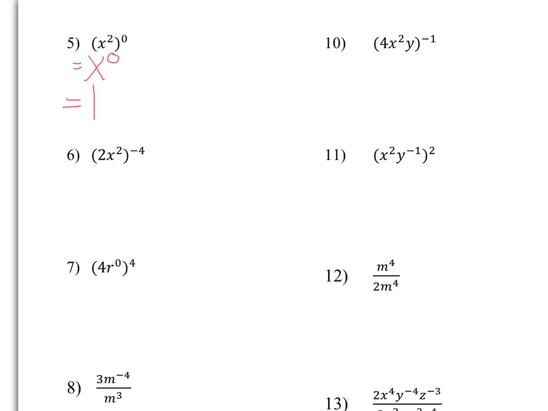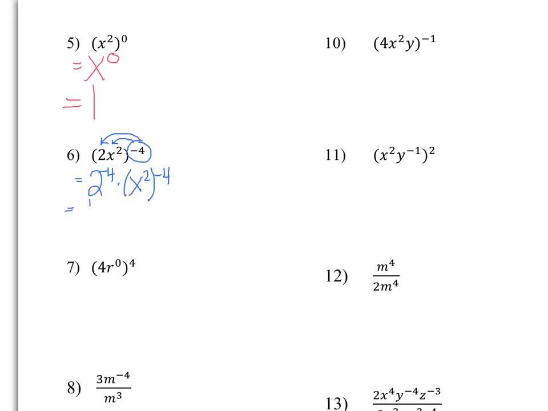For number 6, what I'm going to do is distribute this outside exponent to each different part of the inside term. So this is going to be 2 to the negative fourth, and we're going to have x squared to the negative fourth.